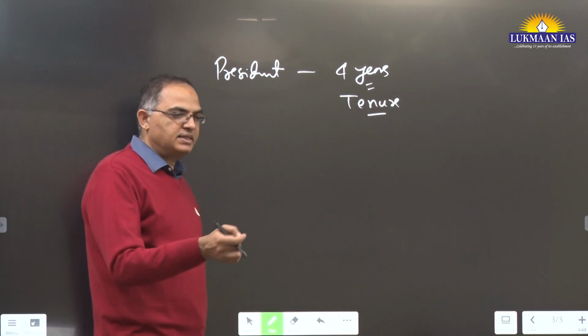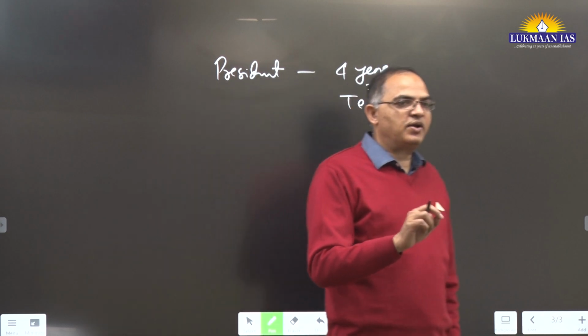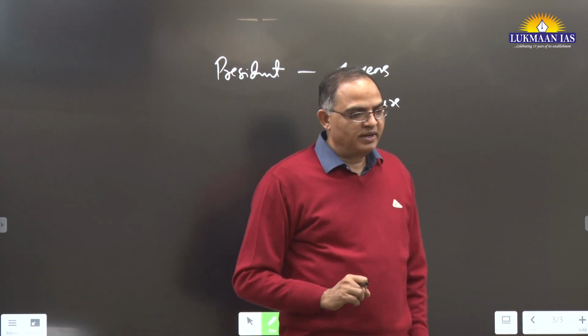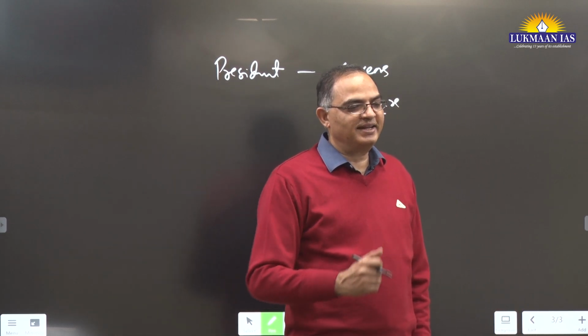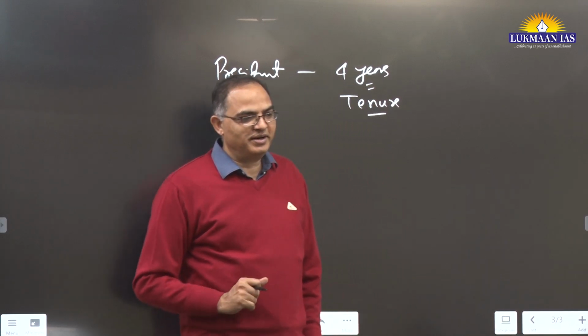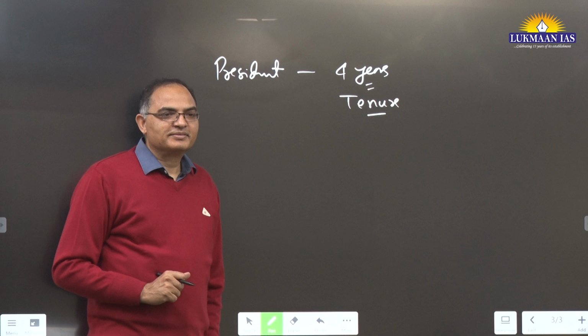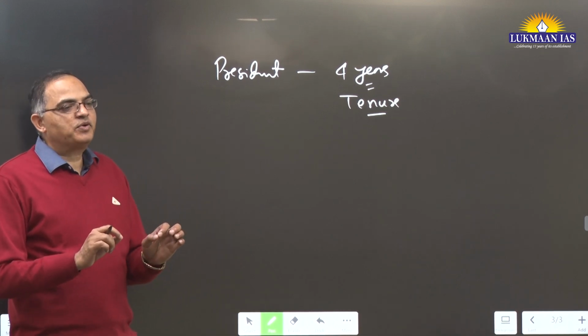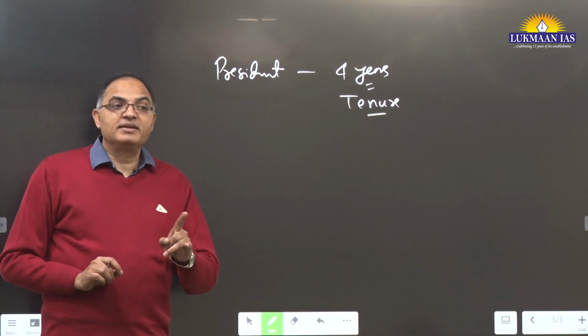But in a parliamentary system like in our country, the government cannot be sure of a 5 year tenure. Suppose Nitish Kumar and Chandra Babu Naidu withdraw support. Today the government will fall. So the parliamentary system of government lacks stable tenure.